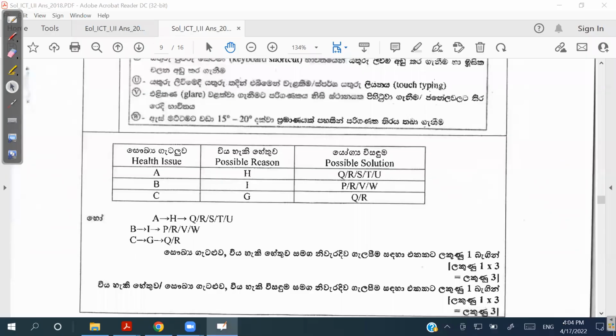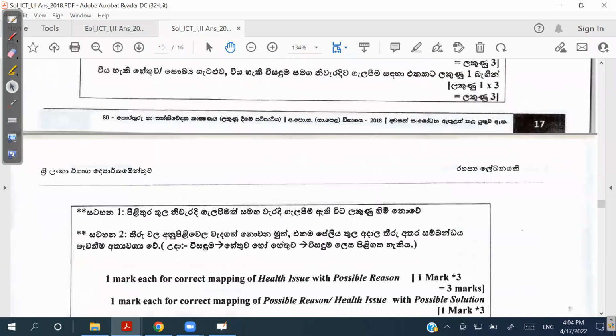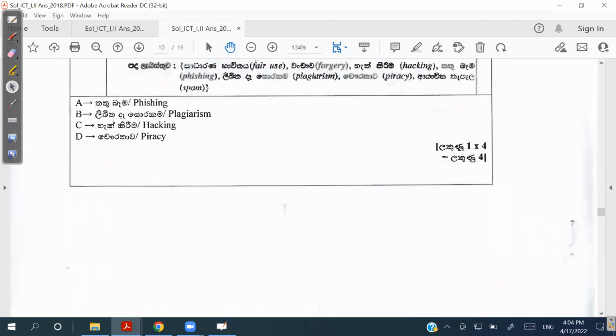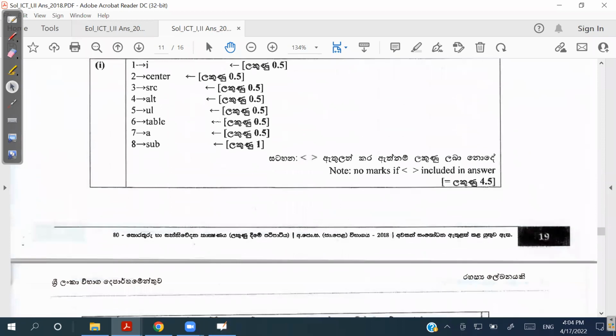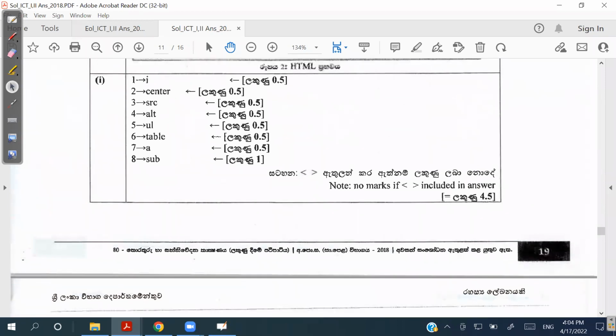Let's go with the marking scheme as well. So here it goes. It says first one is I, second one is center, third one SRC, fourth one ALT, fifth one UL, sixth one table, and the seventh, it is anchor tag, 8, it is subscript, which means SUB.